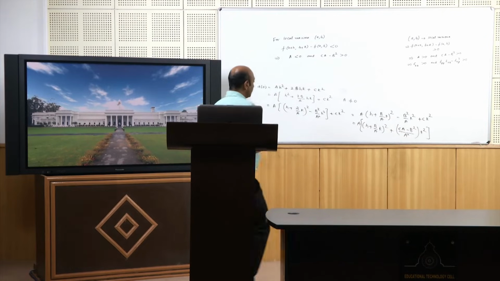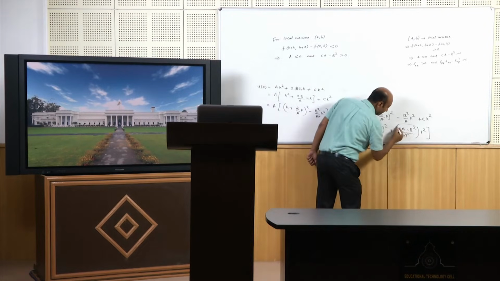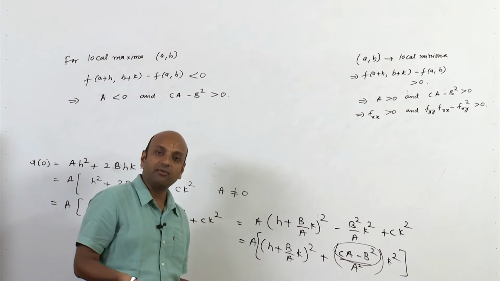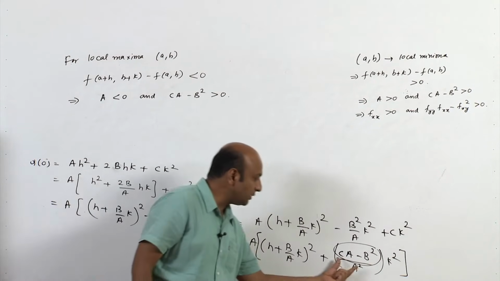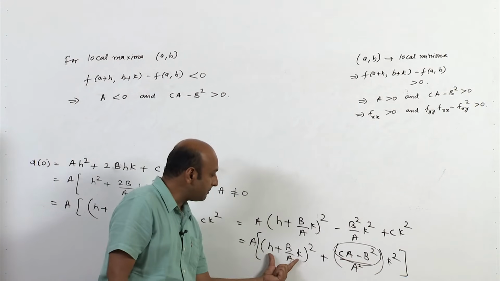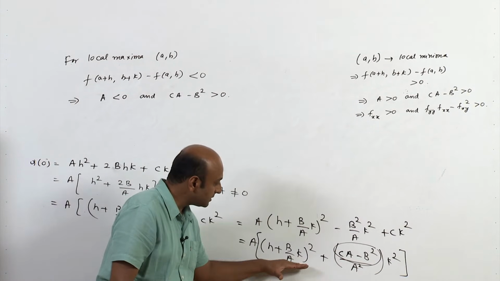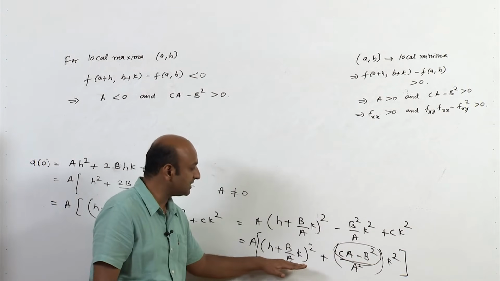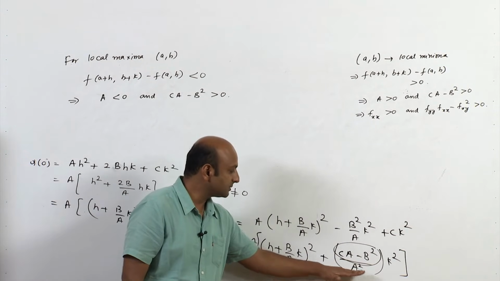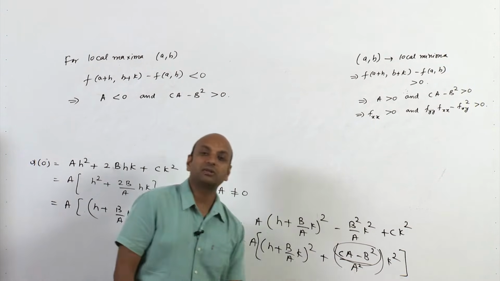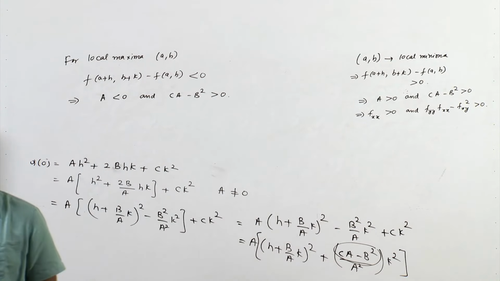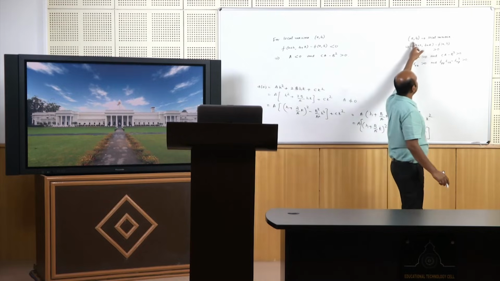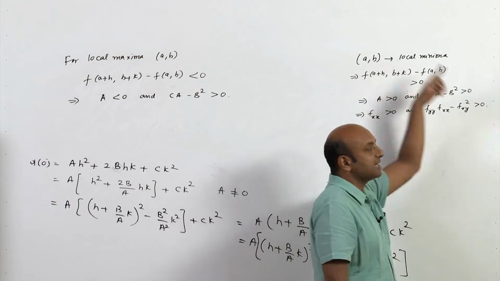Now, if this value is negative, whether a is positive or negative hardly matters. If this value is negative, then for some h and k this minus this may be negative, and for some h and k it may be positive. So, in that case it will be a saddle point, because for some h and k this is positive and for some h and k this is negative.